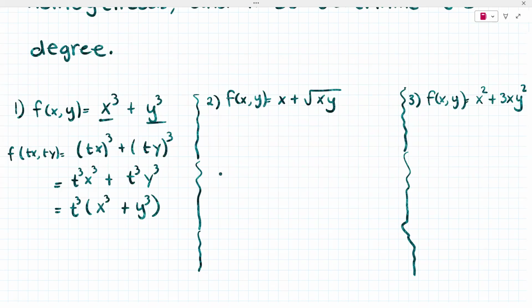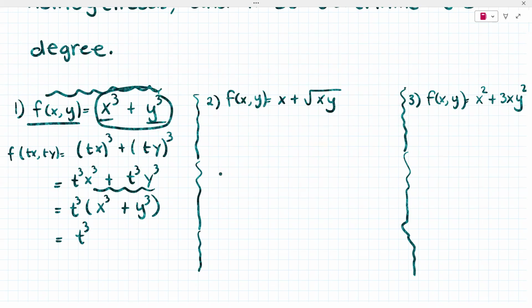And when you have x cubed plus y cubed, that gives you the same original function, right? So instead of rewriting x cubed plus y cubed, you could just say it's this function, f of x, y. So I'm just replacing this with f of x, y because f of x, y is this function.